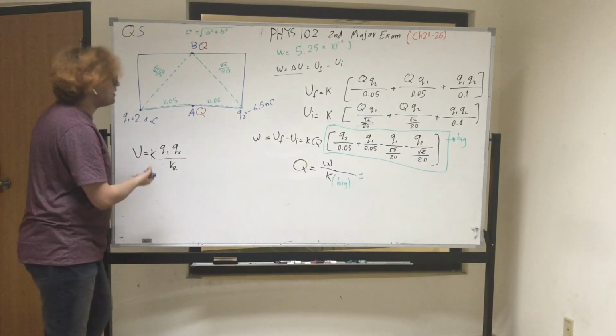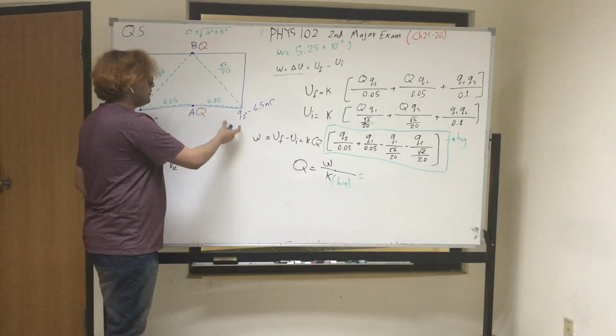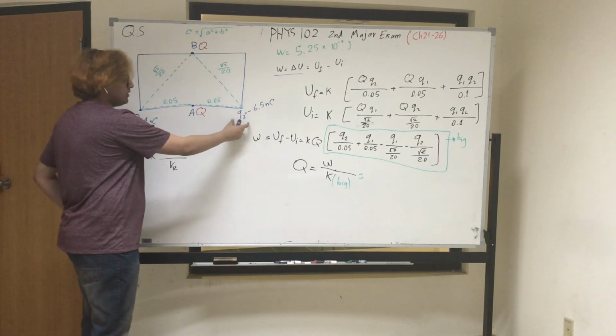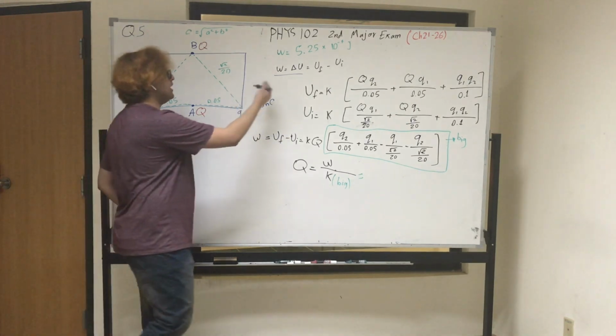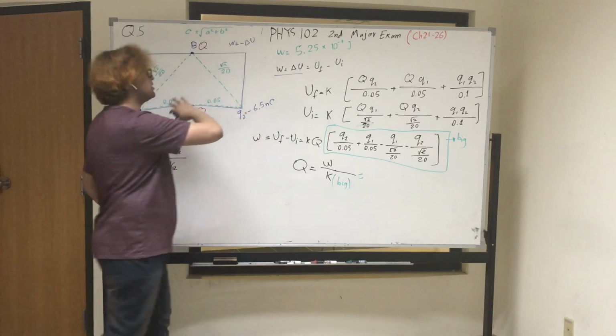But if the system itself is doing work, like if these two charges are repelling and moving one of these charges away to some distance, then the work done by the system is going to be equal to negative the change in potential energy.